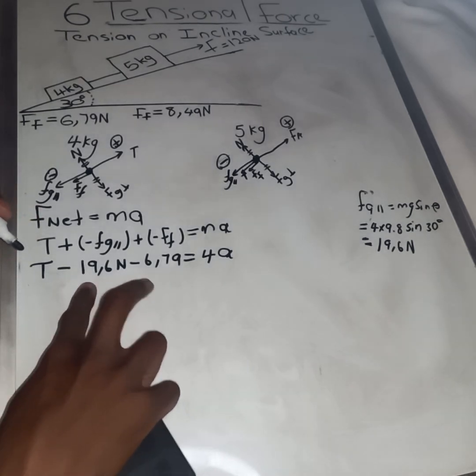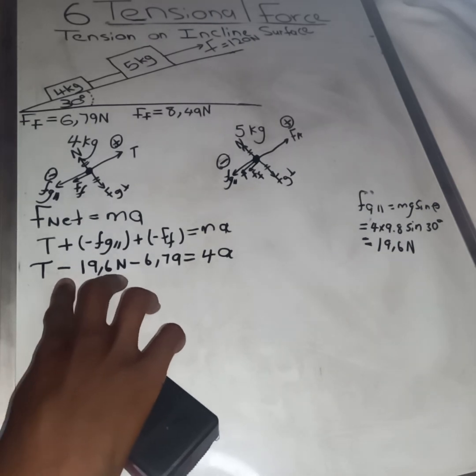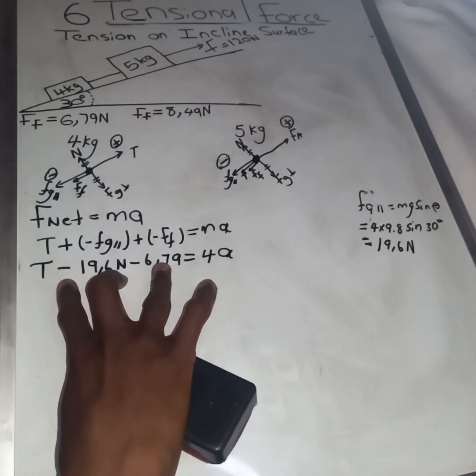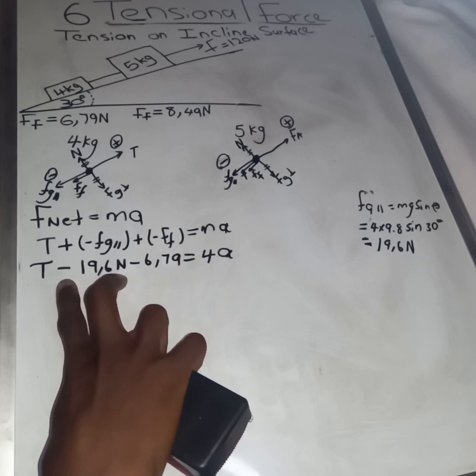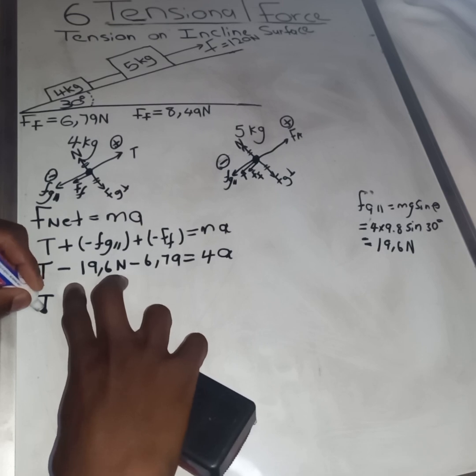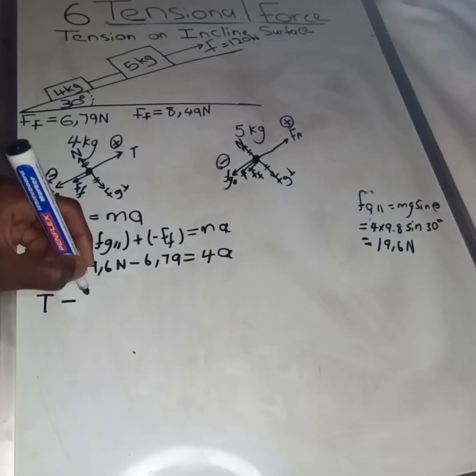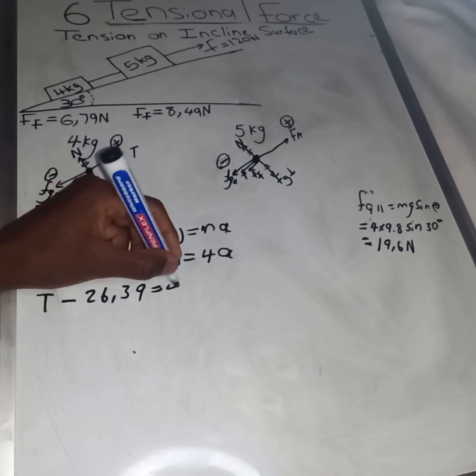So when we add these variables, negative 19.6 minus 6.7, we are going to have T minus 26.39 is equal to 4a.